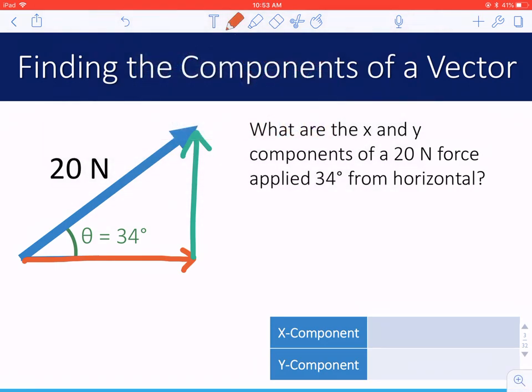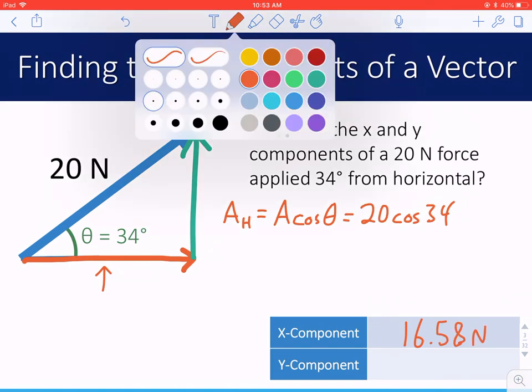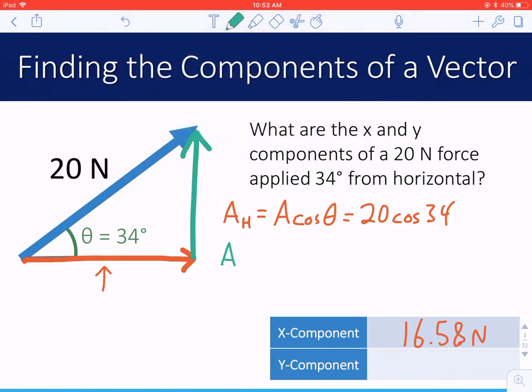But the horizontal component of this, as the data booklet states it, is A horizontal, AH, is equal to A times the cosine of theta. Basically, if we want to find this orange arrow, just take the cosine times the hypotenuse, and you end up with 20 times the cosine of 34, which will give you 16.58 newtons.